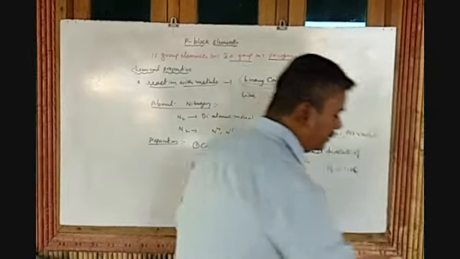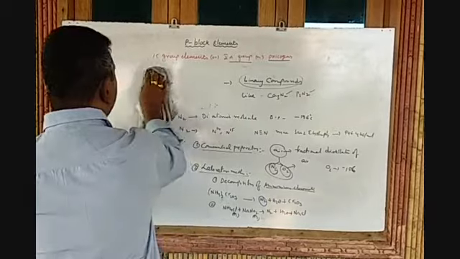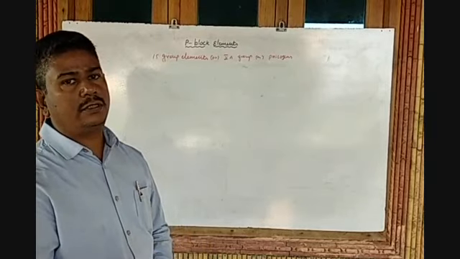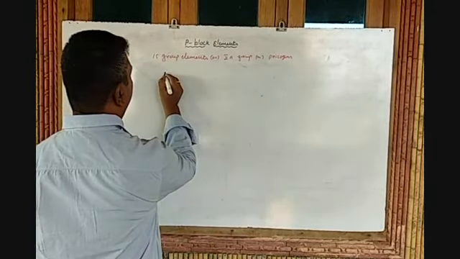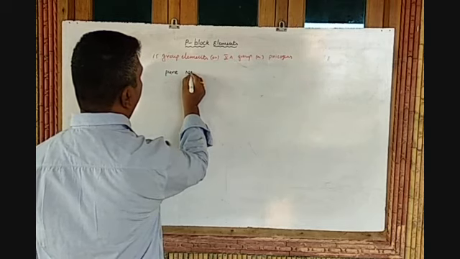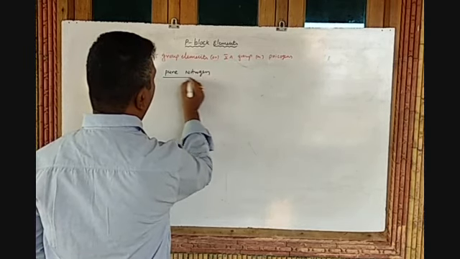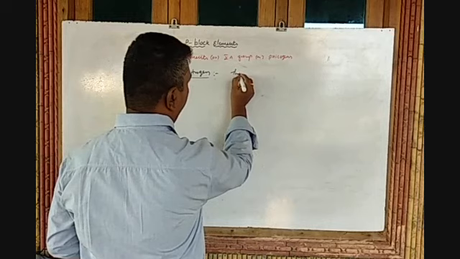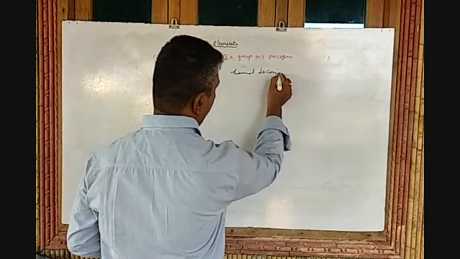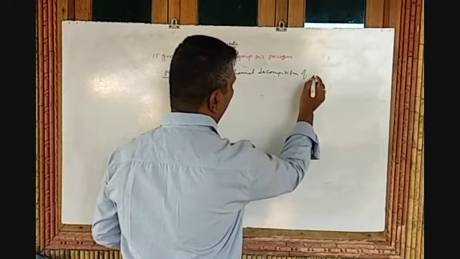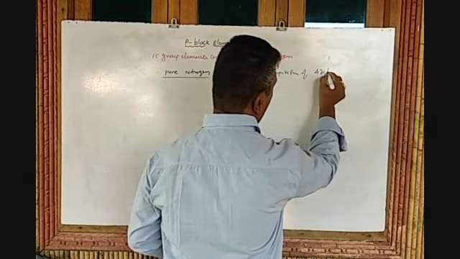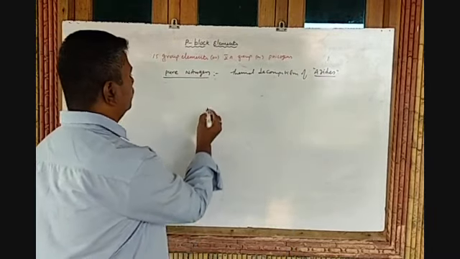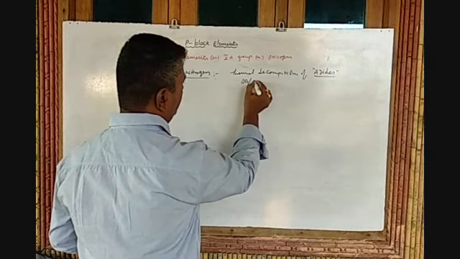If we require pure nitrogen, it can be produced by thermal decomposition of azides, that means either barium azide or sodium azide.